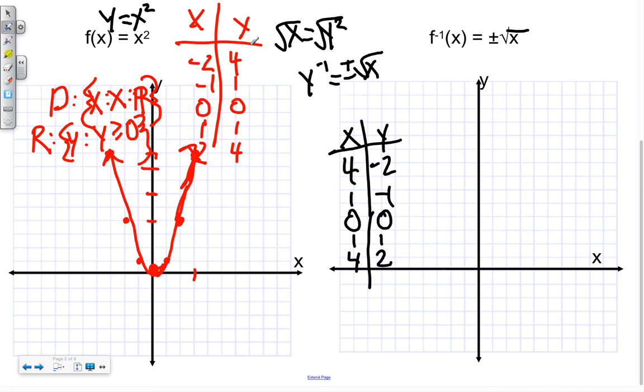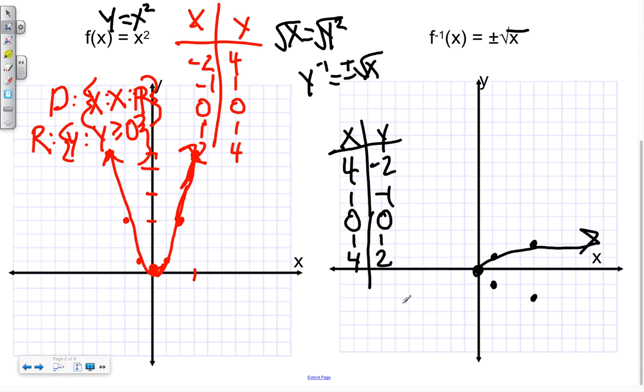I just switched the x and y from over there. So graphing this, I have 0, 0, 1, 1, 1, negative 1, 4, 2, 4, negative 2, and then you could put the 9s on as well if you would like.